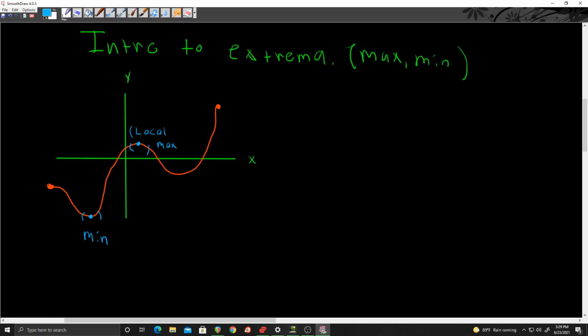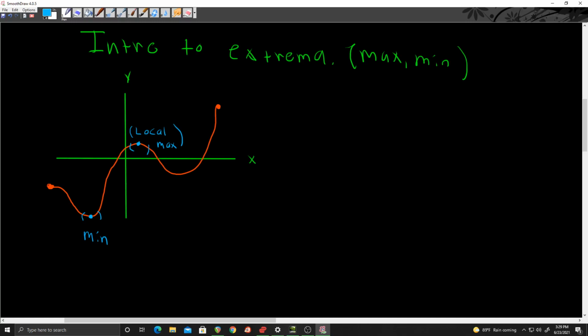A local max or a local min is a max or a min that is higher or lower, depending on if you're talking about a max or a min, than anything in its little neighborhood, but it's not necessarily the highest point on the whole thing.